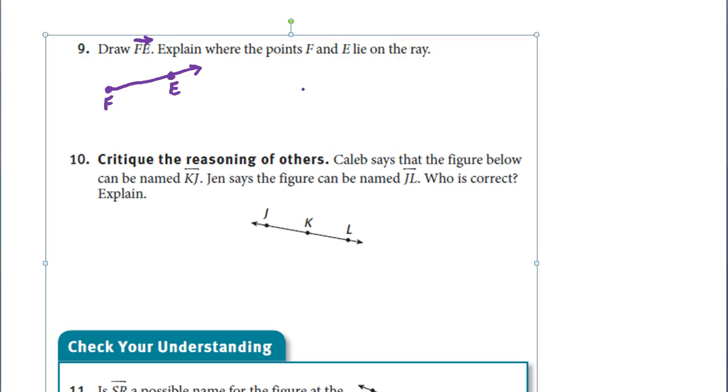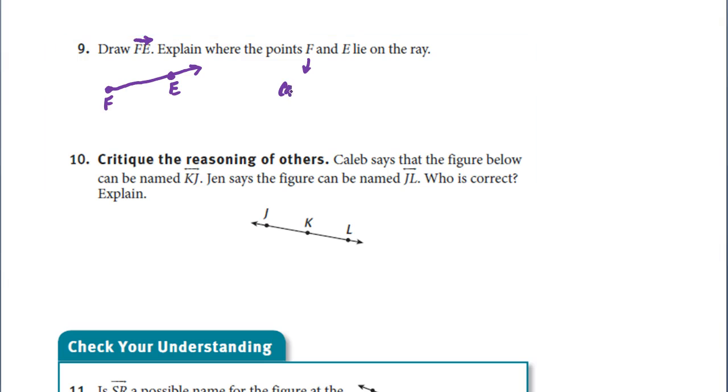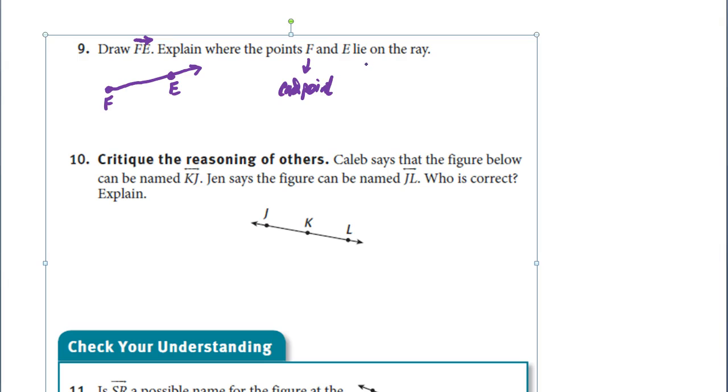Explain where the points lie on the ray. Well, point F is the end point of the ray, and point E lies on the ray.